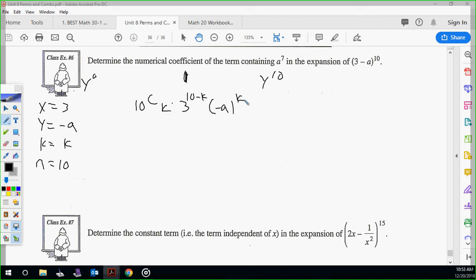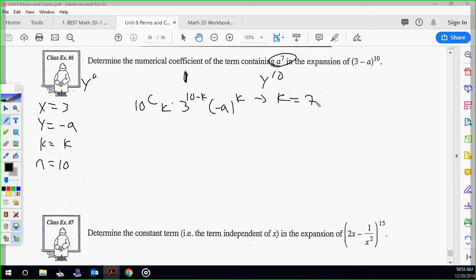So we want to get an a^7. The only way I can get an a^7 is if k is 7. This is just telling you k is 7, because when you simplify that, that's not going to change. We need a^7 for the k. They haven't told us a position here, so we don't have to worry about 0 right now. We're simply worried about when is a^7.